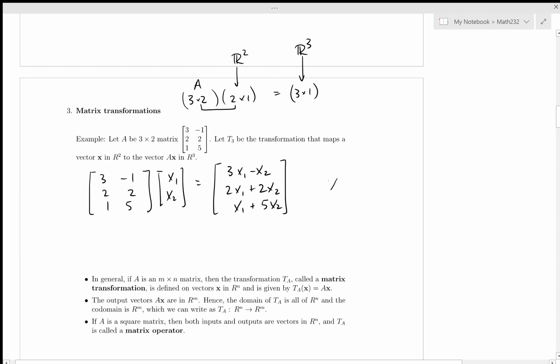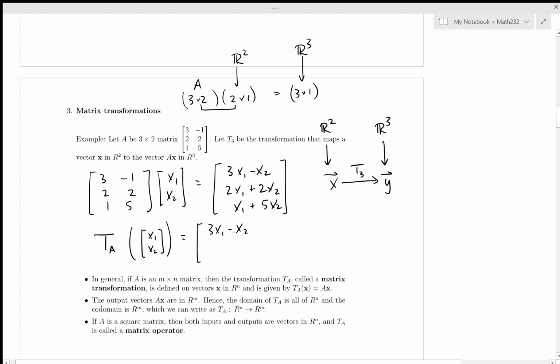We have x being mapped via T3 to y. This one is in R2, and this one is in R3. So we can write that in this way: T sub A, the transformation defined by the matrix A, operates on the vector (x1, x2), and it produces an output vector that looks like this.